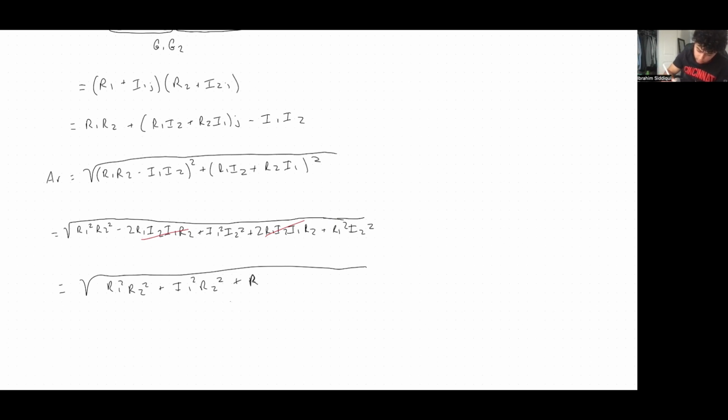I think I messed this up; it's supposed to be R2 squared. Yeah, that looks a lot better.